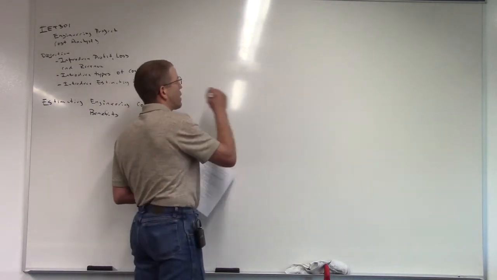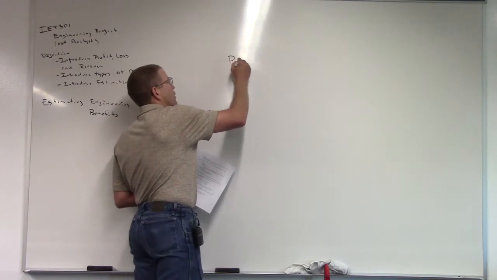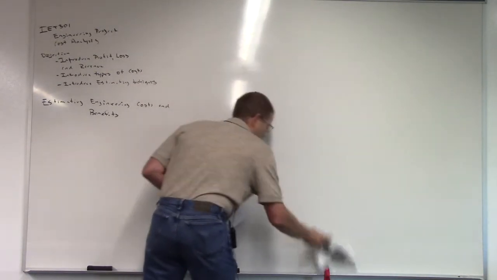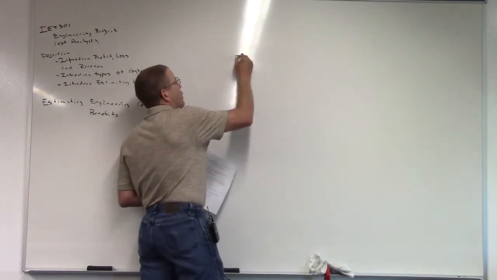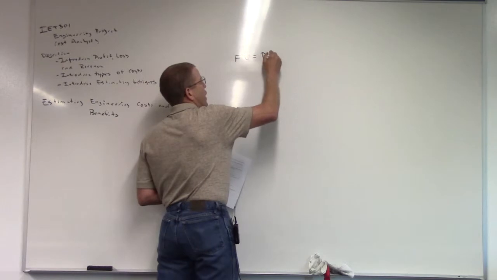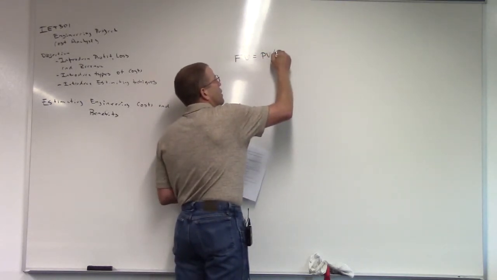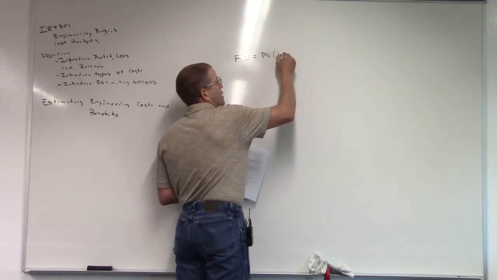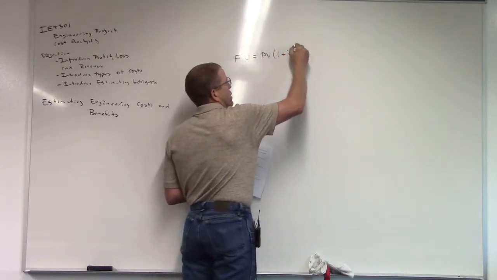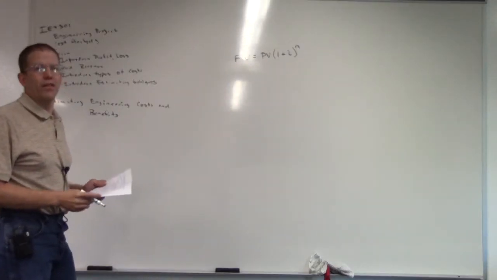So just as a quick introduction to this, I will say that the future value of something is equal to the present value of that thing, or of that monetary instrument, times 1 plus the interest rate raised to the number of periods that it is assessed over.